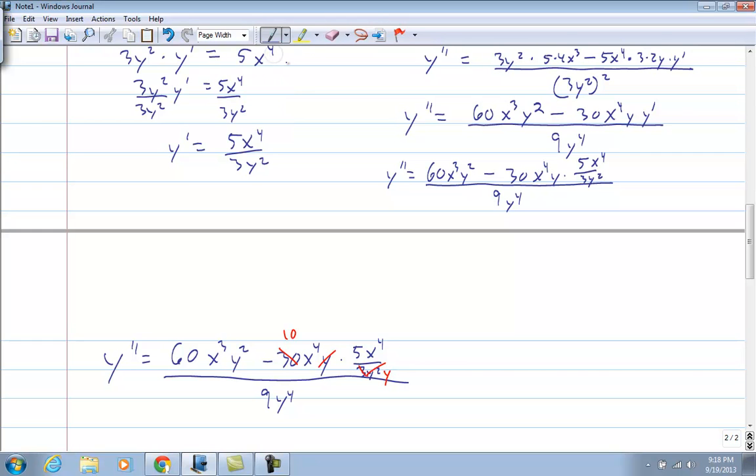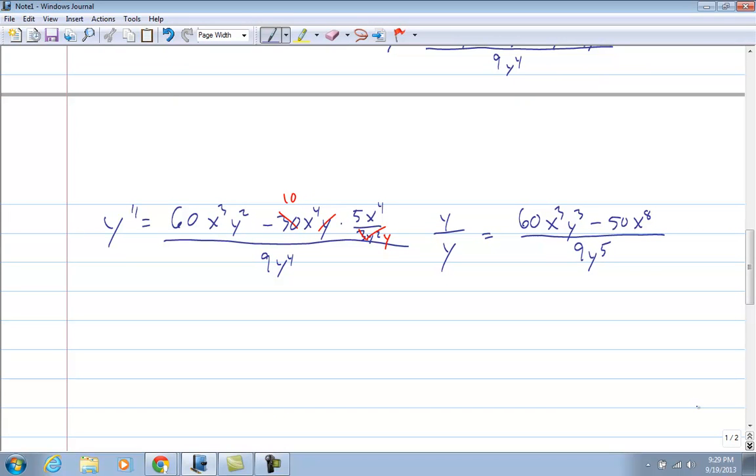So if I multiply everything by y over y, we'll have 60x cubed y cubed minus 5 times 10 is 50. x to the fourth times x to the fourth is x to the eighth, times y, no, the y's cancel, over 9y to the fifth power.